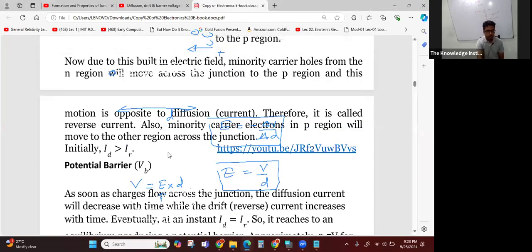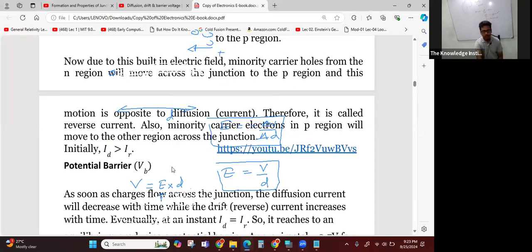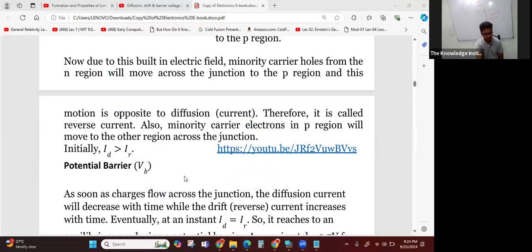Okay. So potential barrier, VD. Okay, so let's go through the note. As soon as charge flows across the junction, the diffusion current will decrease with time, while the drift or reverse current increases with time.